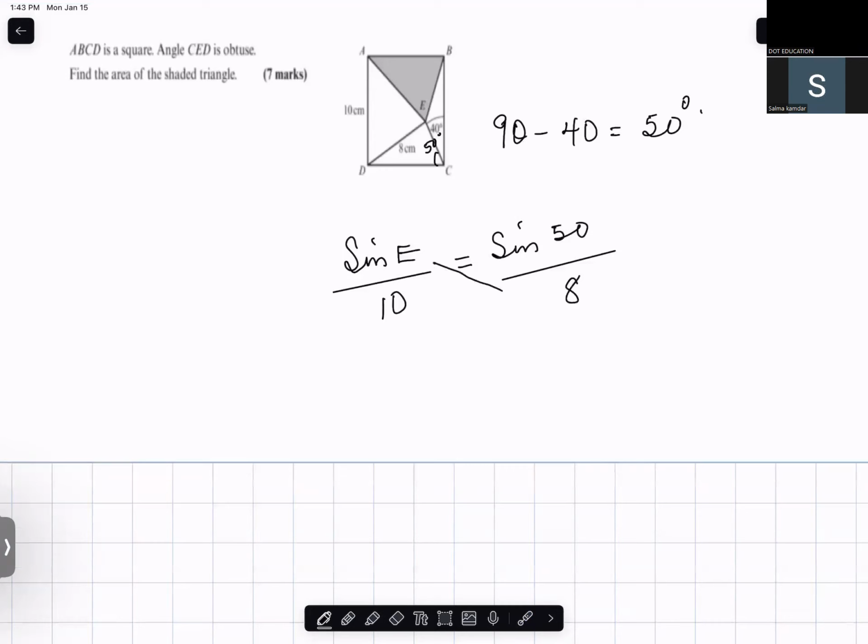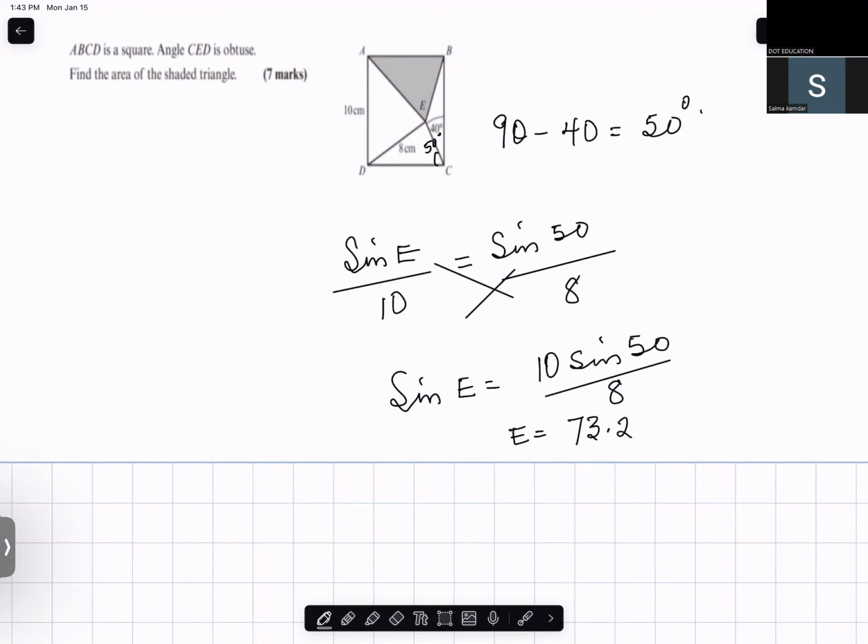So I have to cross multiply. So sine E equals 10 sine 50 divided by 8. So the value of E is 73.2.